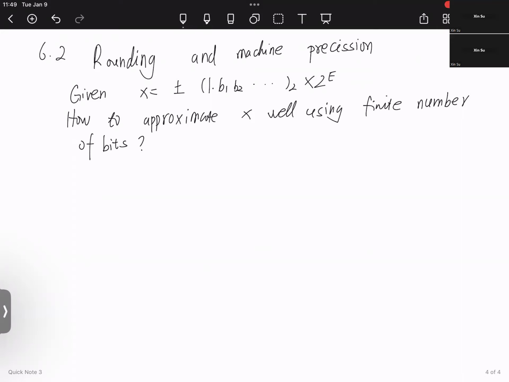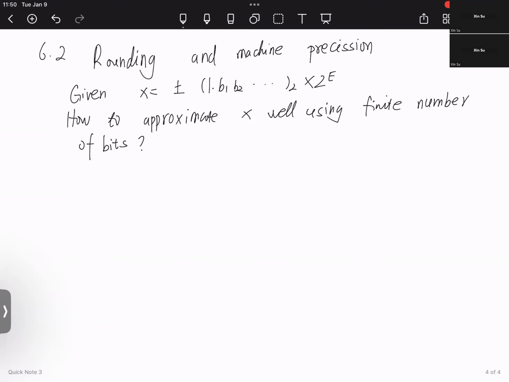So let us go back to what we have in the decimal system. Let's go back to the old days when we used base 10. Let us say we have 10.4.